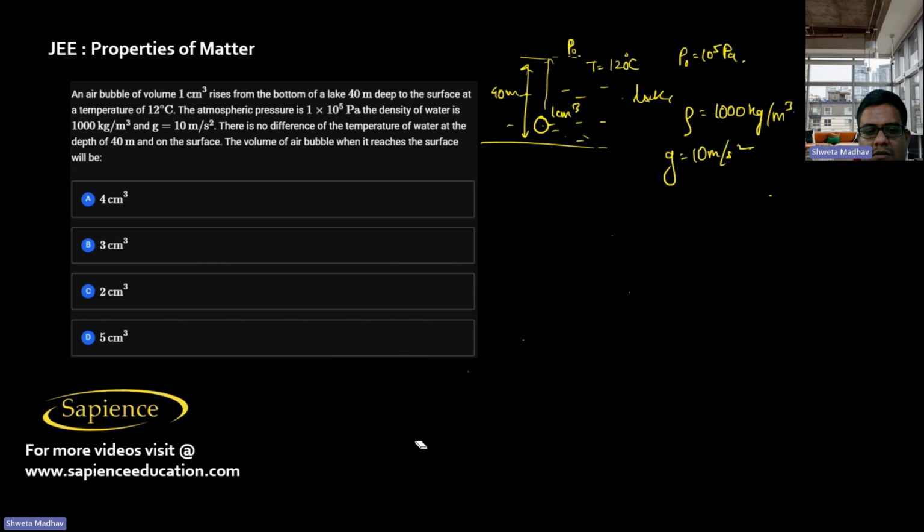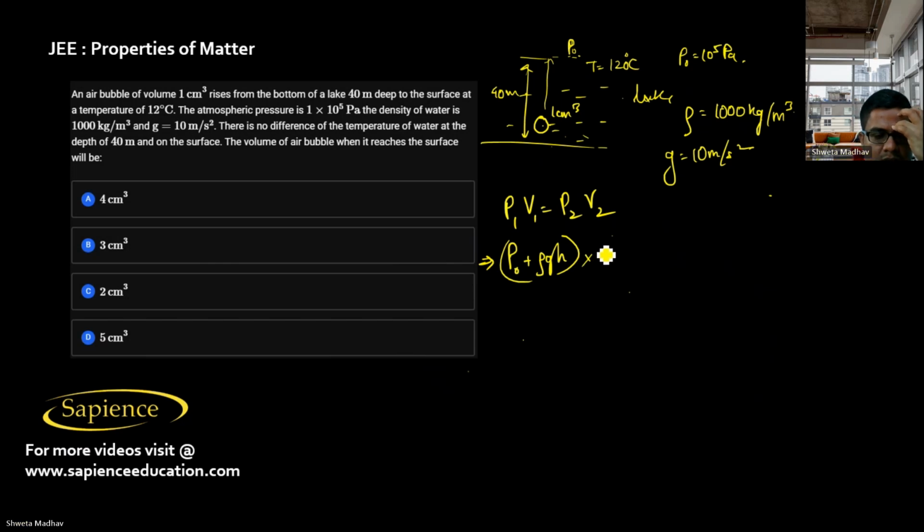We will do that: P1 V1 is equal to P2 V2. So the pressure at the depth is P naught plus rho g h, and V1 is given as 1 centimeter cube, and P2 is P naught into V2. So this V2 I have to find out.